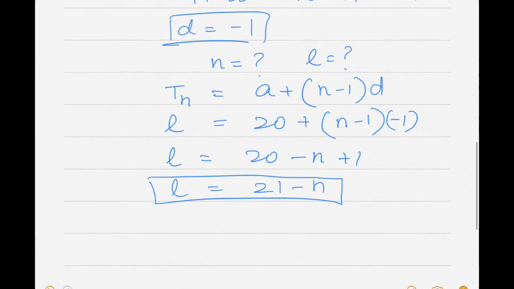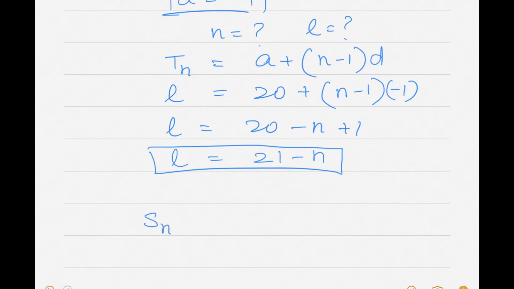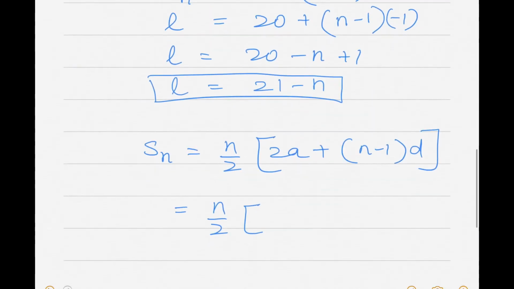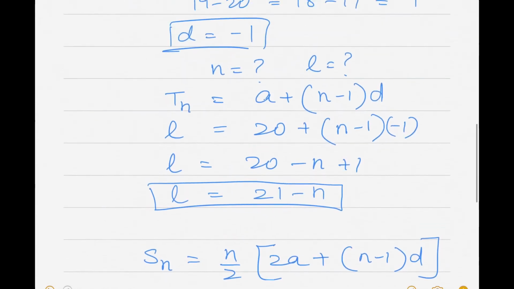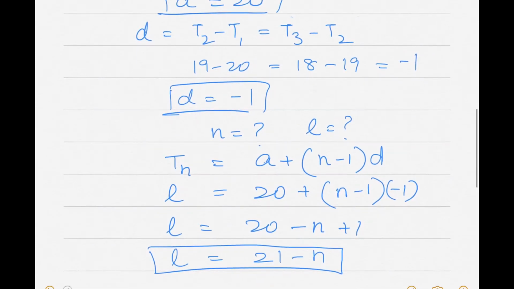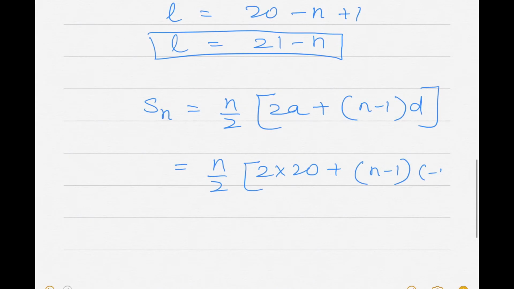Let me go to the sum formula now. The sum of n terms is equal to n by 2 into 2a plus n minus 1 into d. So Sn is equal to n by 2 into 2 into 20 plus n minus 1 into minus 1.